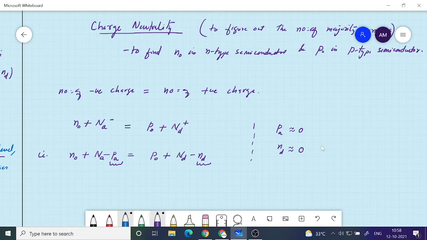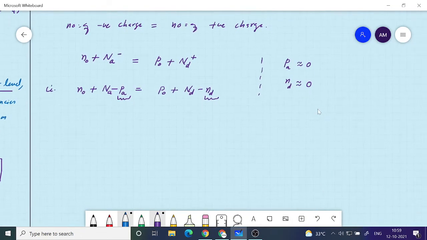So we don't make much error in leaving those. Therefore we can say N0 plus Na. So that is almost 100% ionization of the impurity atoms. All the acceptor atoms are now occupied.